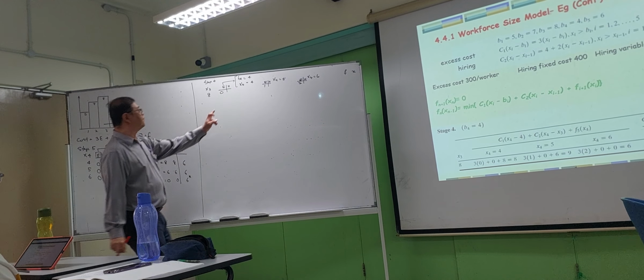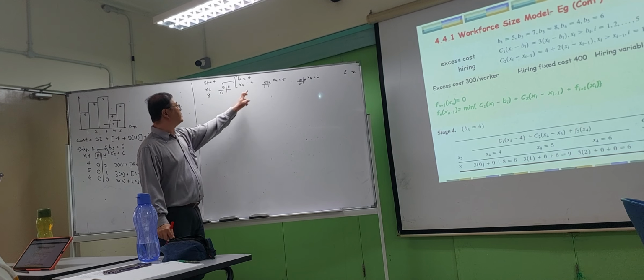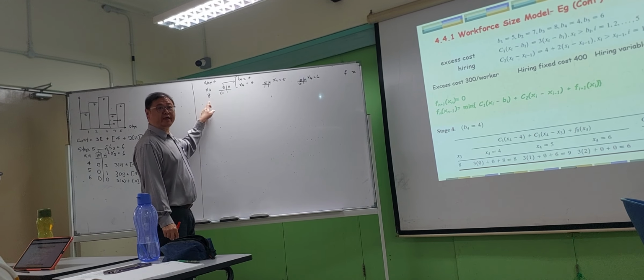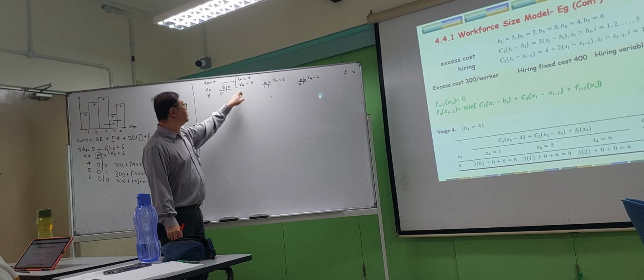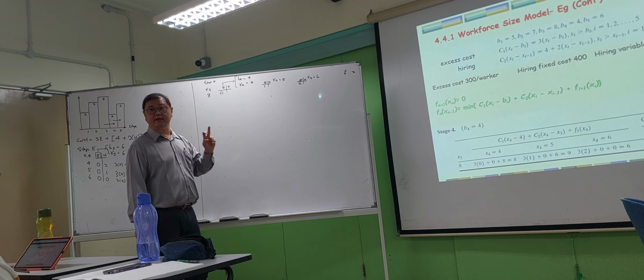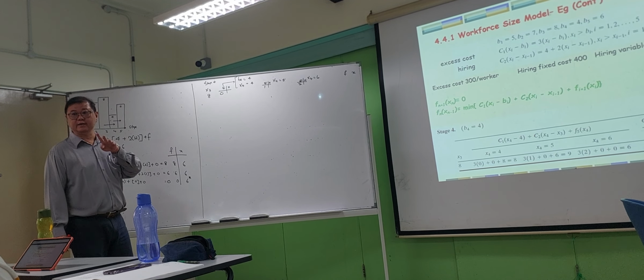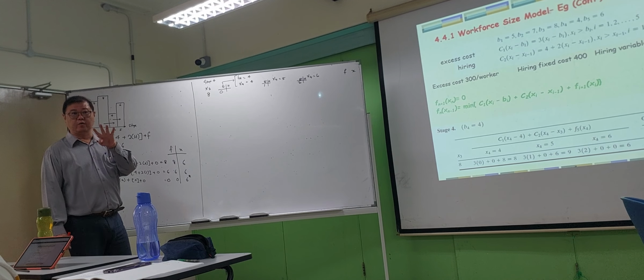So to find the higher value here, you need to compare from here to here. Now, in stage number 3, you have 8 workers. If in stage number 4, you have 4 workers, do you need to hire new workers? No, in fact, you cut 4 workers. From 8 workers down to 4, you cut 4 workers.